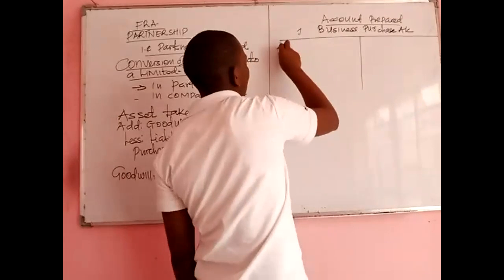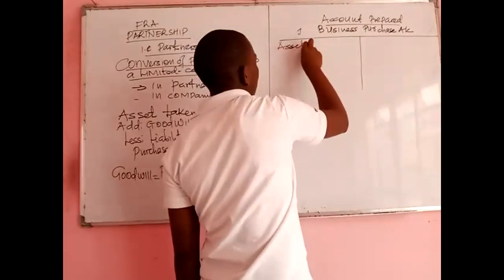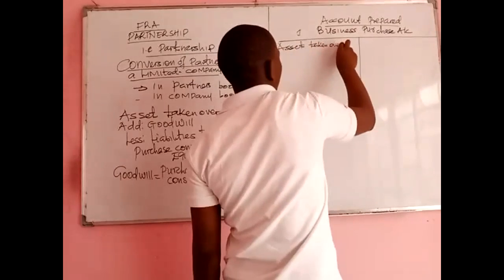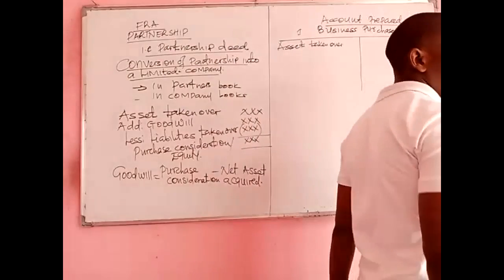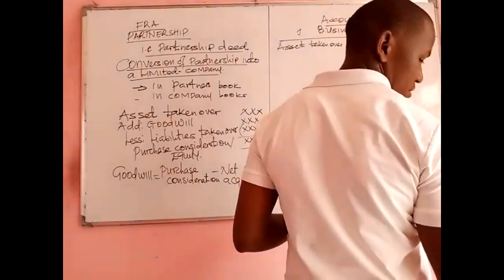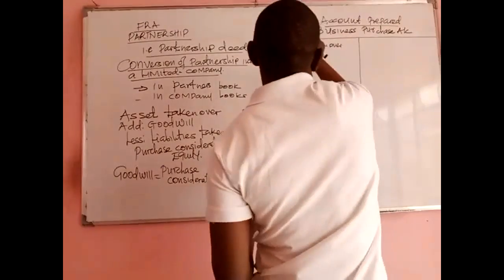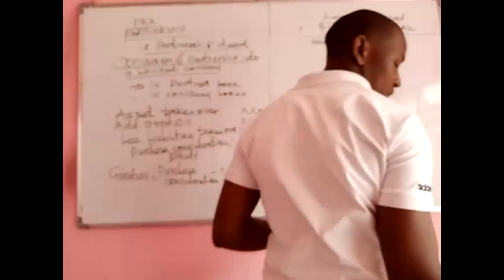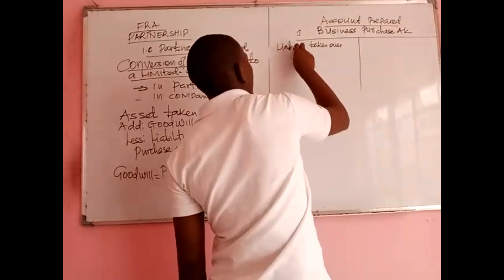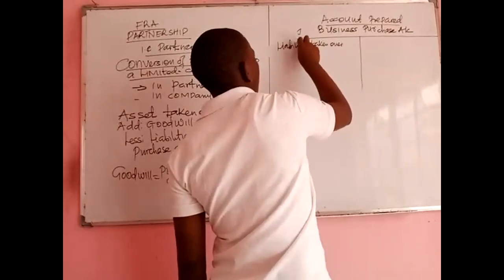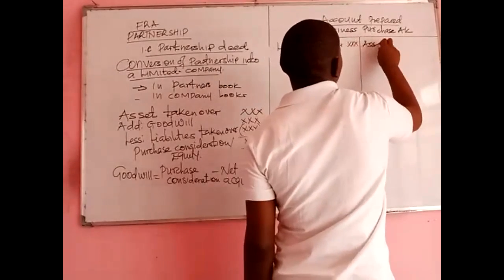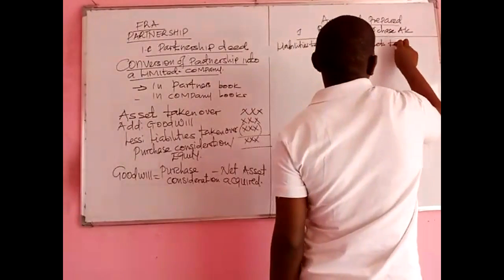So you just have the assets taken over, and you should have them on the debit side. On the credit side, liabilities taken over.